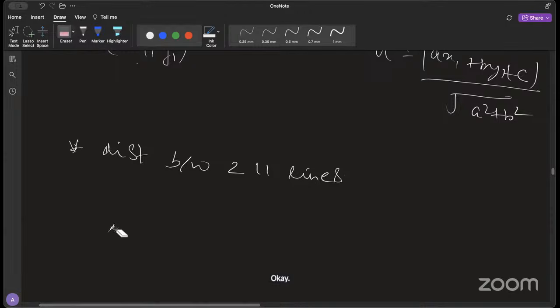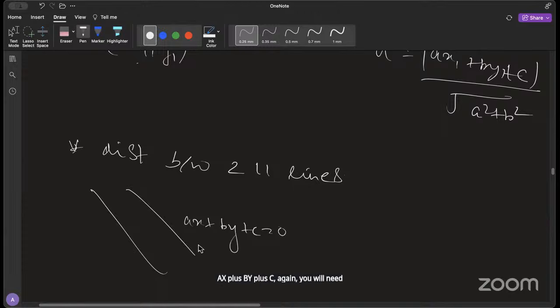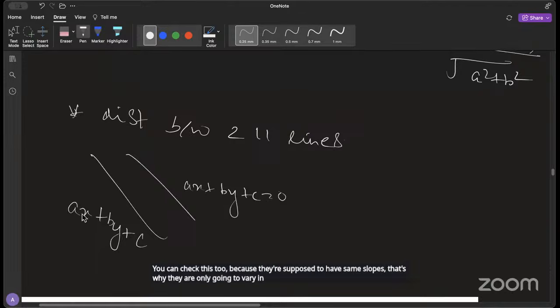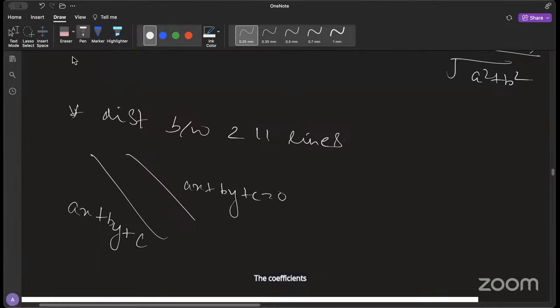So let's say you have been given two parallel lines. One is ax plus by plus c, and the other is ax plus by plus c1. Again, you will need the equations of these lines in general form. They'll only vary in the constant term, because they're supposed to have the same slopes. The coefficients of x and y are going to remain the same.